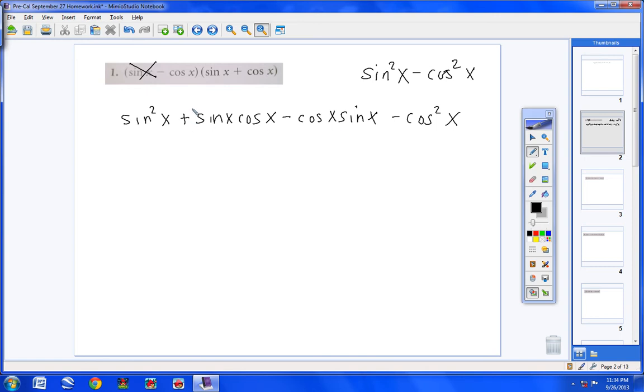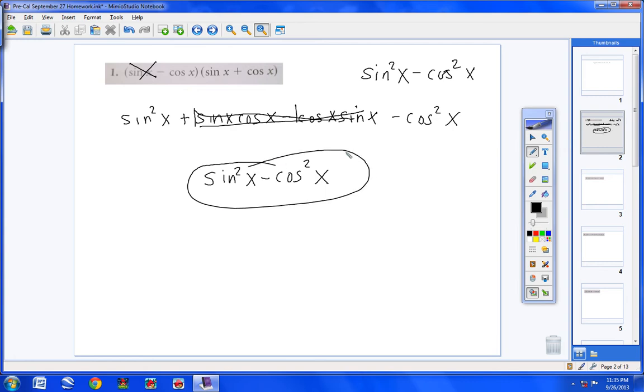So a positive 1 sine cosine and a negative 1 sine cosine are just going to cancel out. It's pretty unorthodox to put 0 sine cosine, so we're just going to say they cancel out. So now we're going to bring down our sine squared and then bring down our negative cosine squared, and look at that. There's really no more simplifying to do. We're done. So we did our multiplication, and we know we're good.